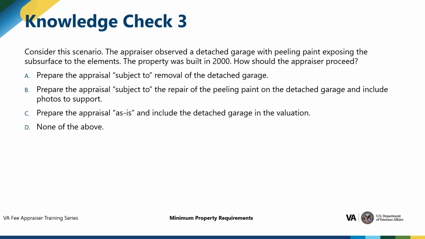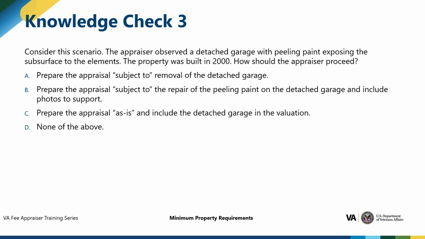Knowledge check 3. Consider this scenario. The appraiser observed a detached garage with peeling paint exposing the subsurface to the elements. The property was built in 2000. How should the appraiser proceed? A. Prepare the appraisal subject to removal of the detached garage.